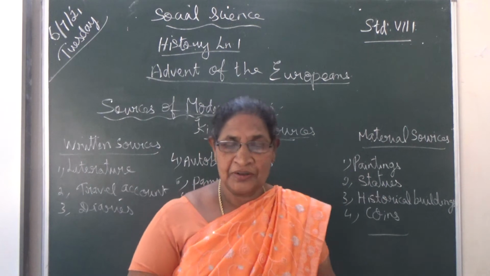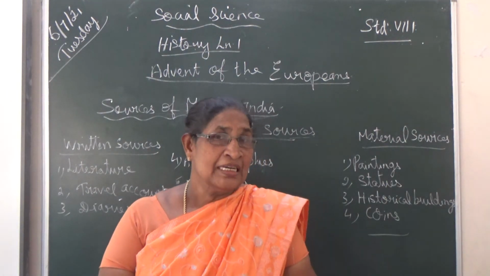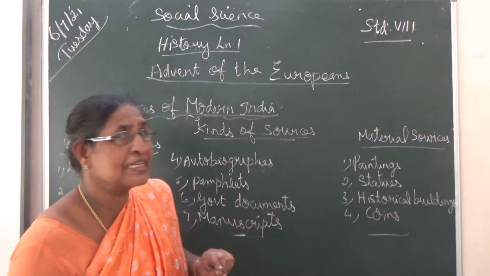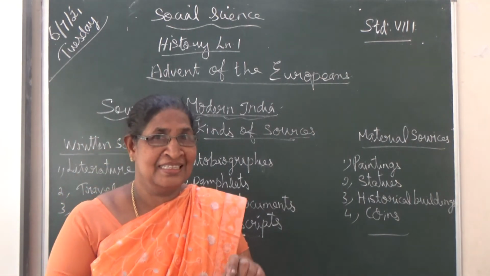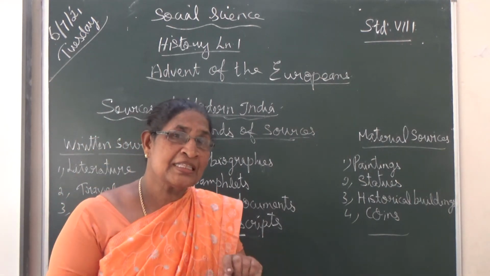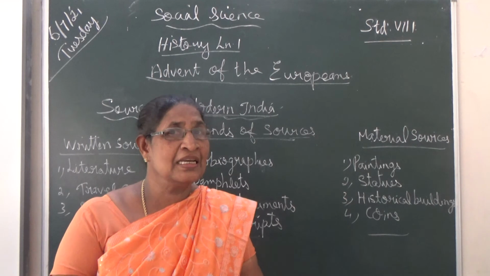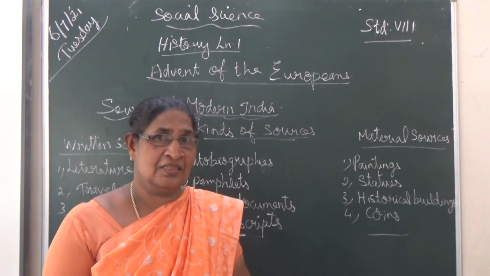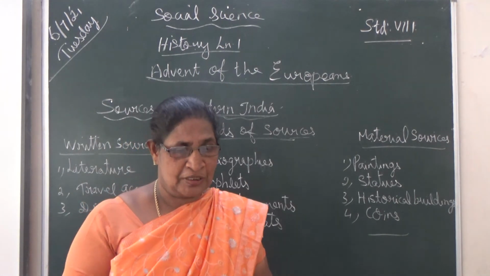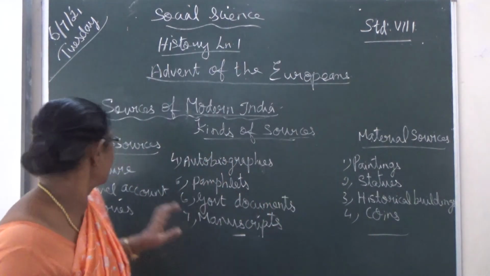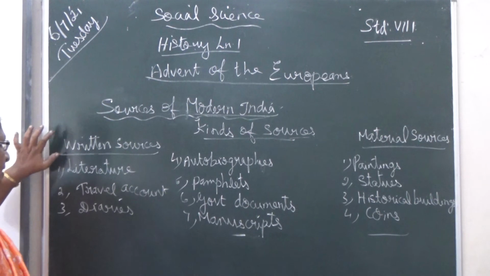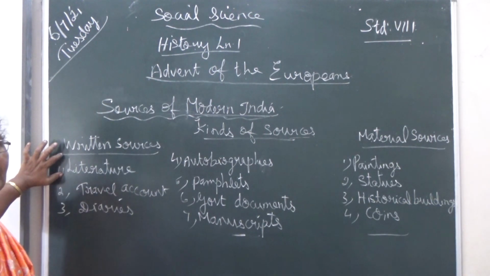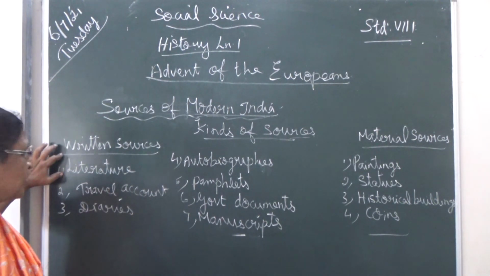Can you give some examples of written sources? Written means handwritten or printed. After the invention of the printing press, a lot of books were printed in different languages. So what are the written sources? Literature, which means books.